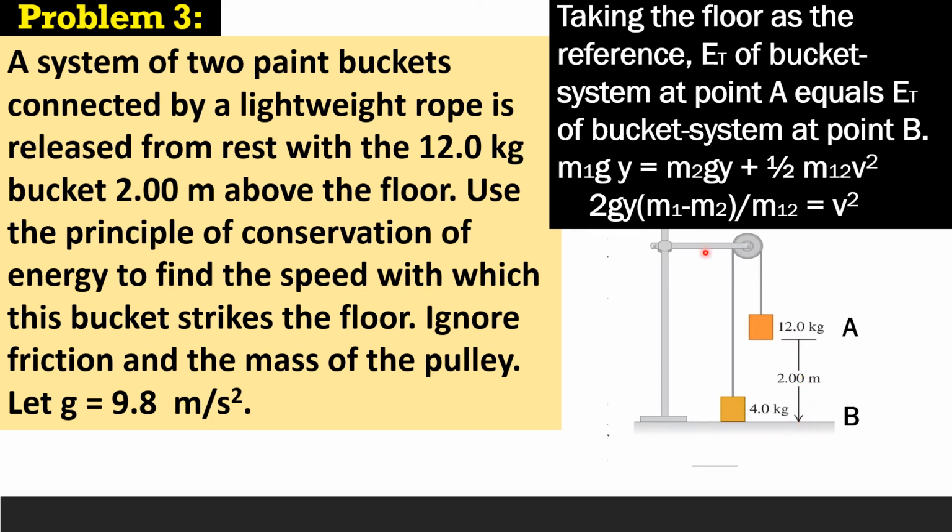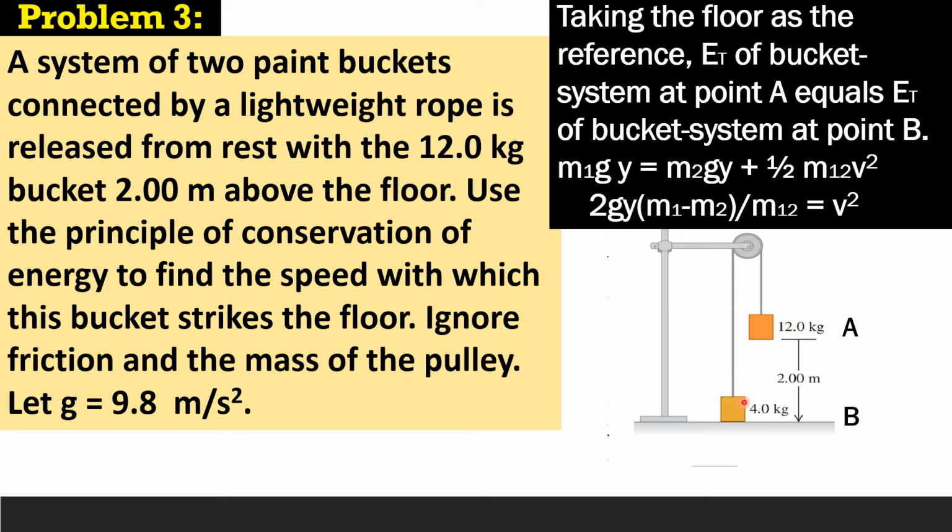So the variable Y here is equal to 2 meters. Since it is initially at rest, it has no kinetic energy. Now, what about the 4 kilogram body, which is exactly at the reference level? It is also at rest initially, so it has no kinetic energy. The 12 kilogram body has no kinetic energy to begin with.